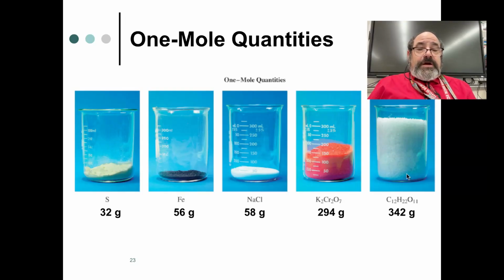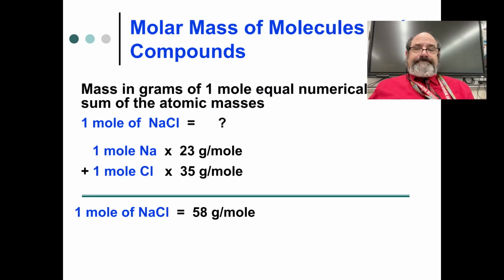Its mass is 342 grams. Each of these things, yes, they're different volumes, different sizes and different masses, but they each have 1 mole of each of those things. So if you counted all those atoms or molecules, you would get 6.02 times 10 to the 23.